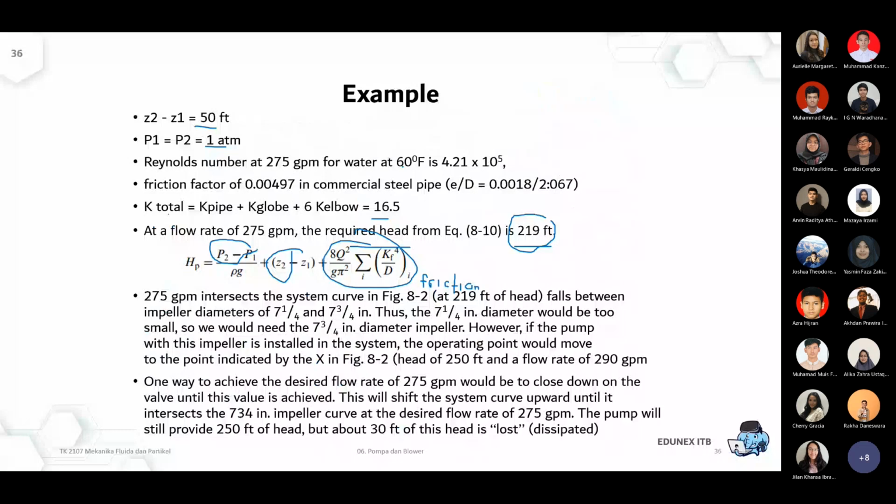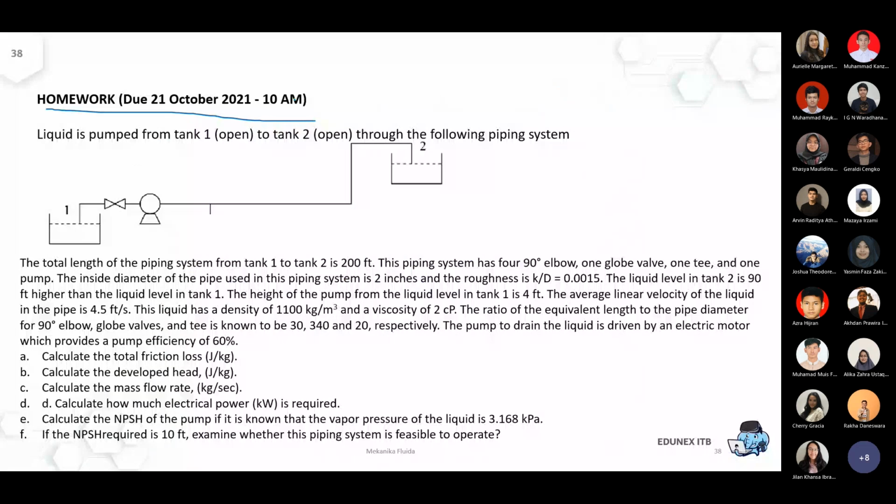And also, because this is very important, I'll give homework to you. It should be done 2 days before the next session, 10 a.m., 21 October of 2021. The same system from pump 1 and tank 1 and tank 2. If you are able to answer this question up until the NPSH, I think you've done your part to understand the pump calculation overall.